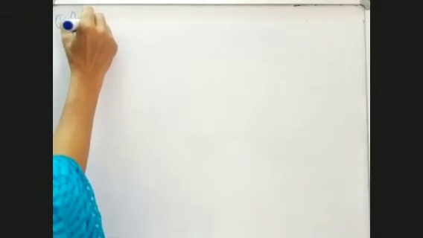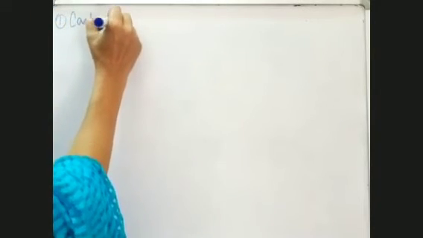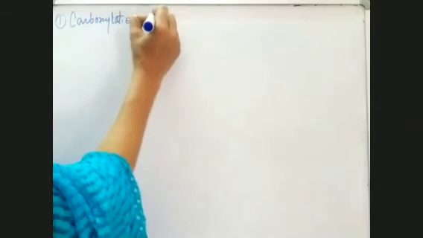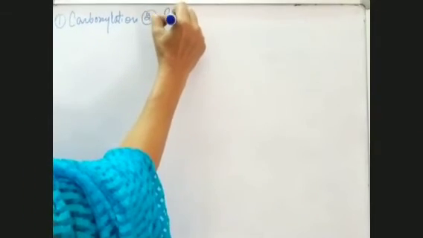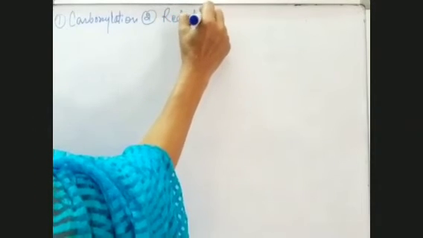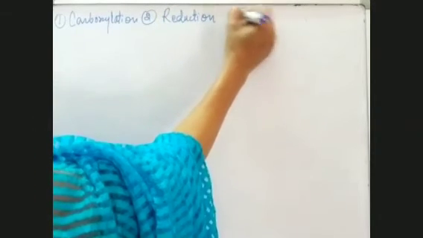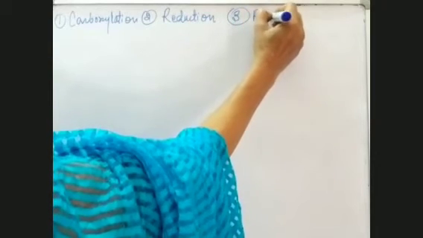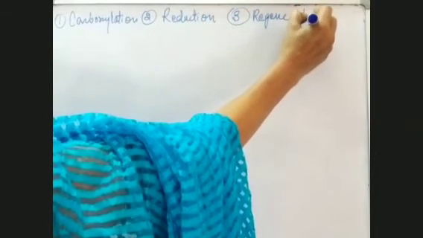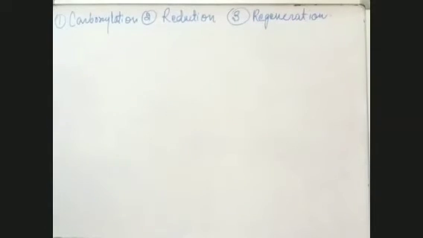The first was carboxylation. The second was reduction. And the third step in this cycle was regeneration. So there were 3 steps: carboxylation, reduction, and regeneration. Because of these 3 steps only, the Calvin cycle was accomplished.